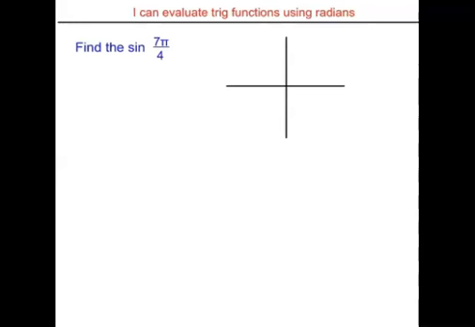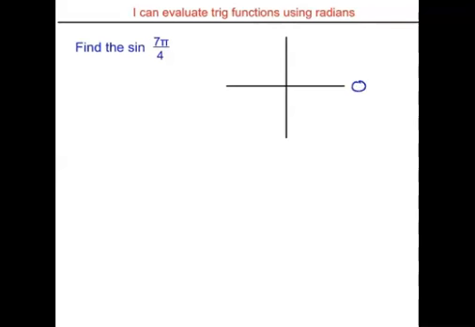Okay, so 7 pi over 4. I'm going to try just to do this in radians. If you're really struggling with doing it in radians, you can convert this to degrees, do it like we did before, take your answer and convert it back to radians. But we're going to try to stick to thinking in radians.